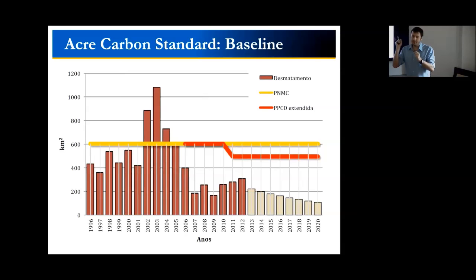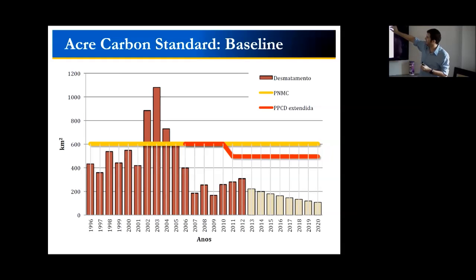I showed you at the beginning that if you have a REDD intervention, you need to come up with a baseline. This is a deforestation baseline, the baseline that Acre is using. It's based on a historical rate of deforestation. This is also what Brazil is using, which goes with this idea of a nested approach. They are all in conformance with each other. So basically you have a national trend.